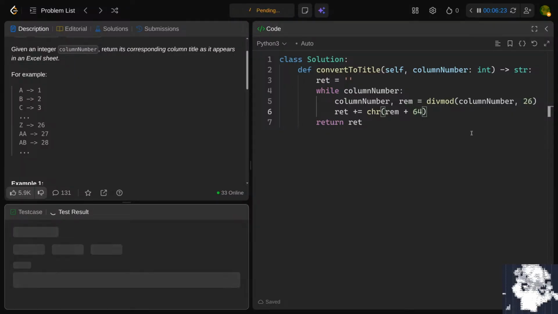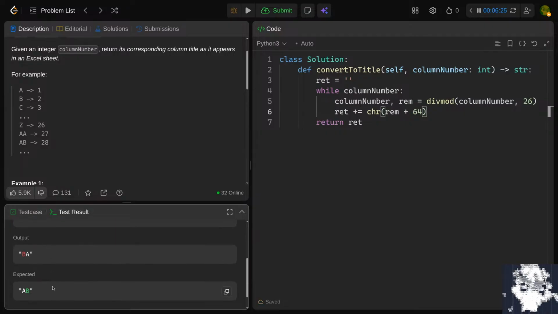So if we did do 64 here, then the problem is if rem actually is 0, then we're printing something that comes before A. So you can't just do that.